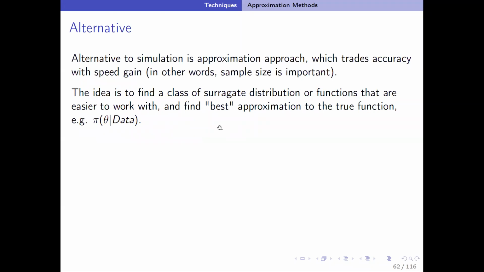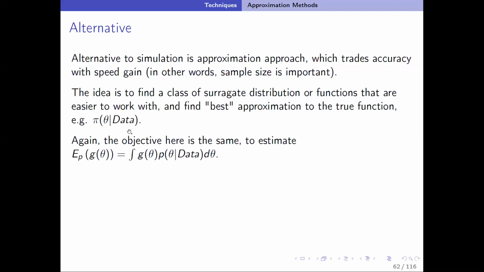So the idea is to find a surrogate distribution that is the best approximation to the true function you want. And once you have a surrogate distribution, you'll be able to find its expected value.